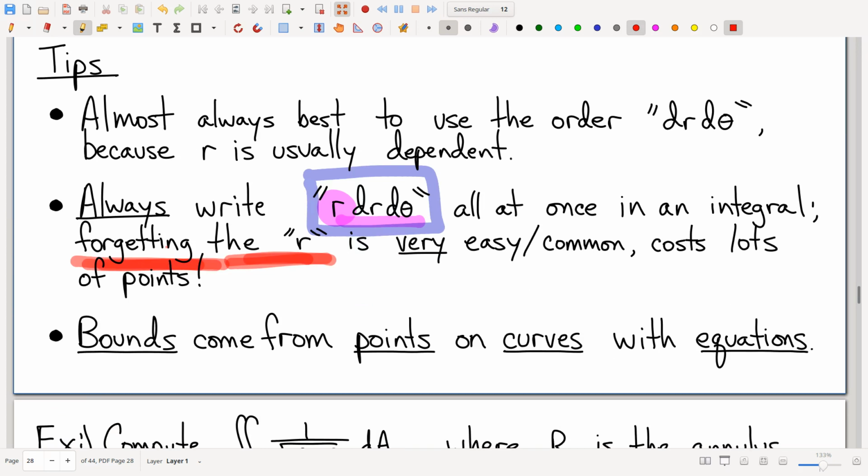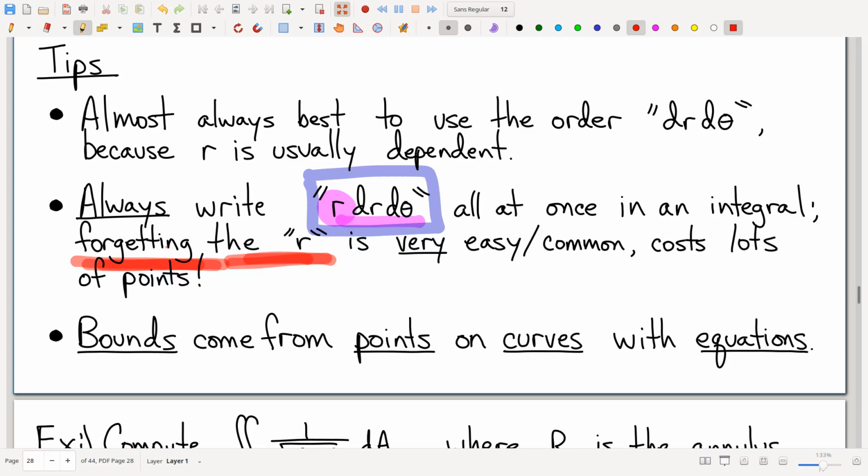You write down the dr d theta as your recognition that that's the end of the expression, and then you start thinking about the geometry of the slices, and sometimes having to find the polar equations for certain curves. When you get all that done, you feel like you finished, and you just forget. If you didn't put it down in the first place, you might never remember to go back and do it.